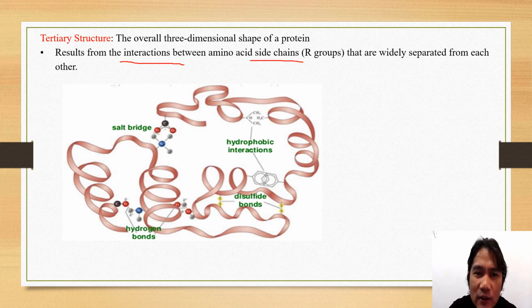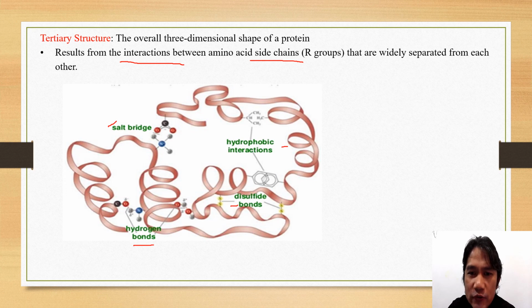What are the attractive forces that maintain this structure? As you could notice here, the interactions could be salt bridge, hydrophobic interaction, disulfide, and hydrogen bonds. So these are the four attractive forces that maintain the tertiary structure.